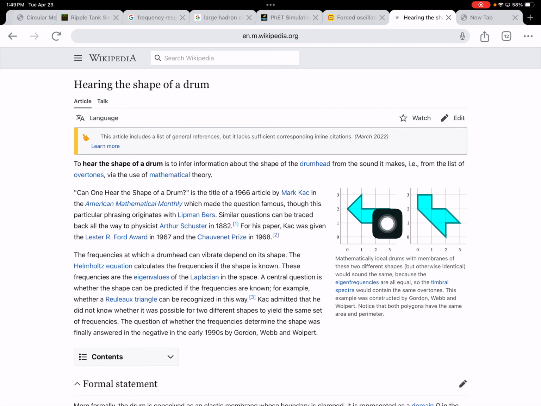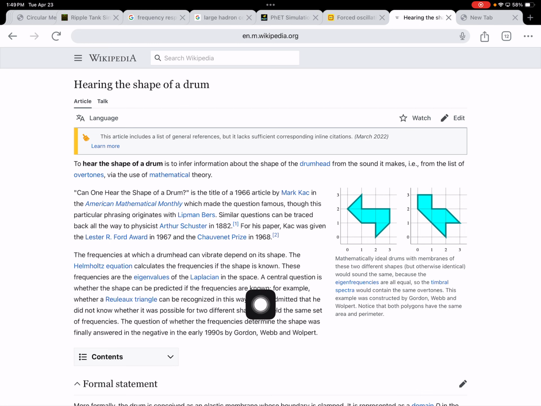So you couldn't tell the difference between these guys. All right, so mathematically ideal drums with membranes of these two different shapes, but otherwise identical, would sound the same because the eigenfrequencies are equal. Okay, so the timbre spectrum would contain the same overtones.